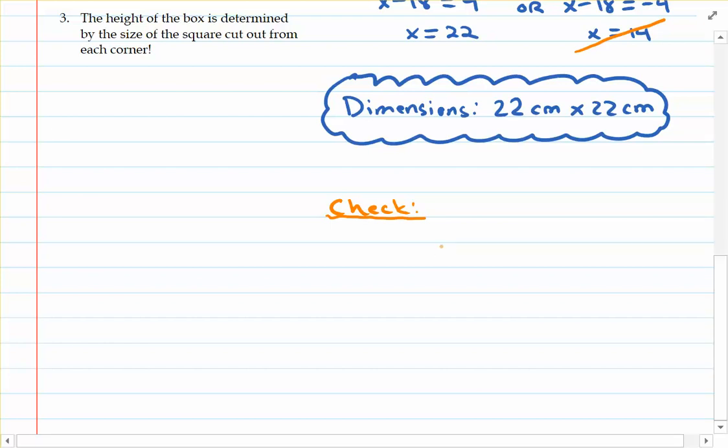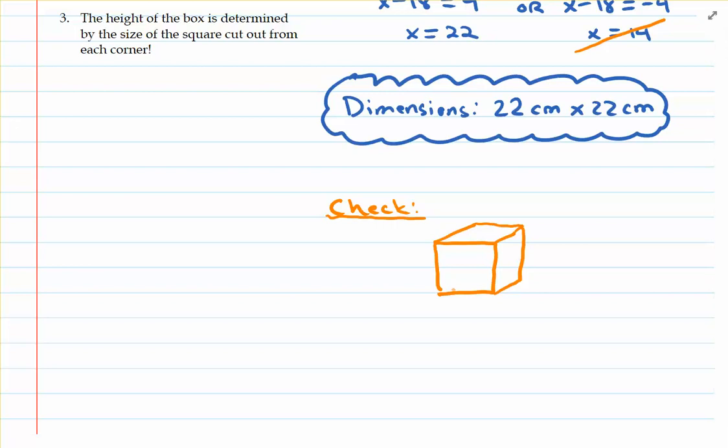So with that said, I'm going to go ahead and draw another box here. And as I'm checking the solution, you'll probably be able to figure out why x equals 14 is not a legitimate value for x, or at least from a physical standpoint.